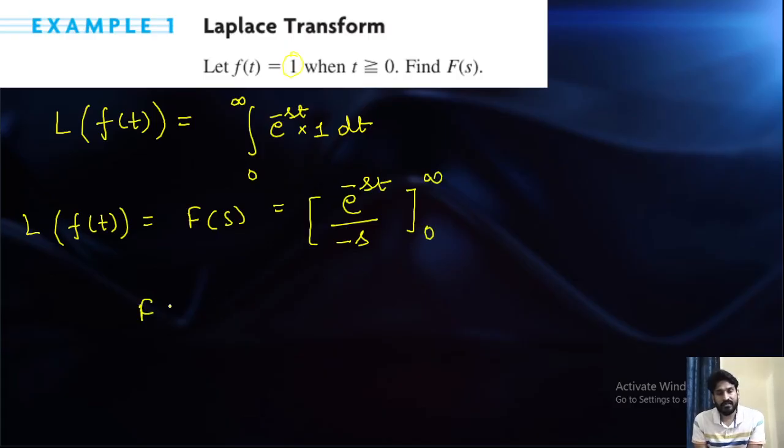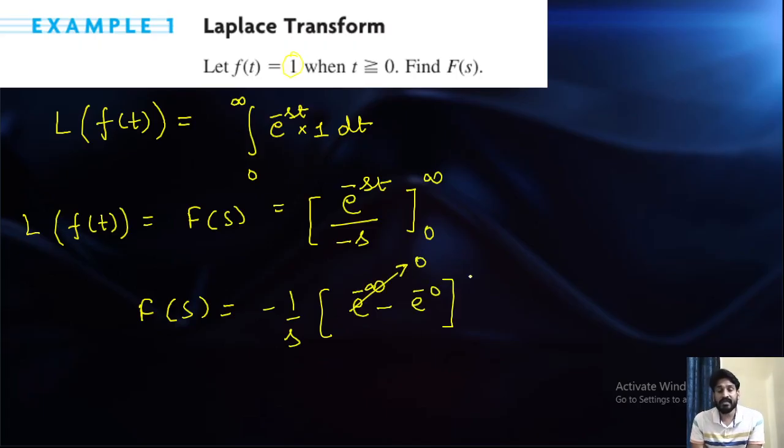So f of s is equal to minus 1 upon s into e raised to power minus infinity minus e raised to power minus 0. E raised to power minus infinity is 0. E raised to power minus 0 is 1. So it is minus 1, minus minus plus. So my f of s is 1 by s.